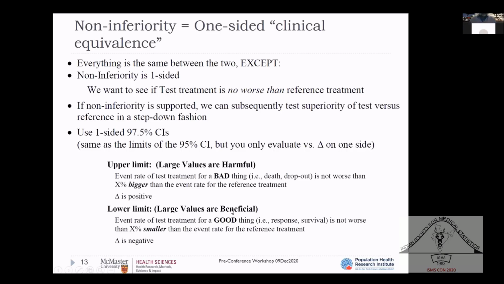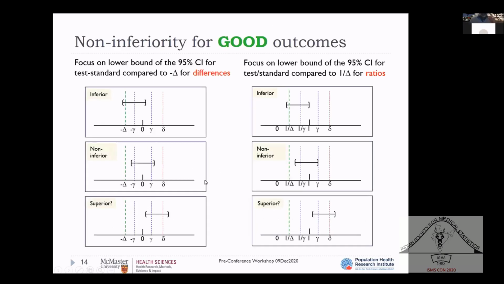If large values are beneficial, so you want to have a good thing, then you want it to be larger, but you'll tolerate it being a little bit worse, but not too much. So then you focus on the lower limit of the confidence interval. And that's the only thing that is a little bit tricky to follow, okay? So that's why we look at it through confidence intervals, okay?